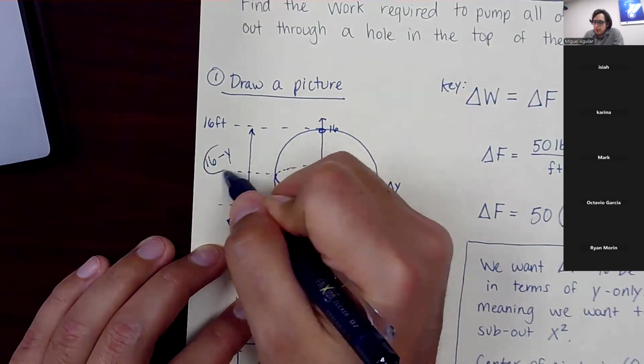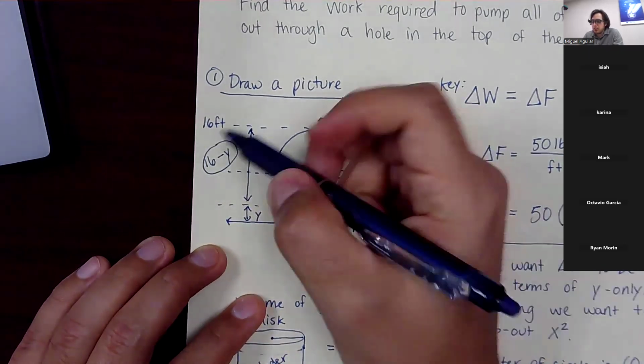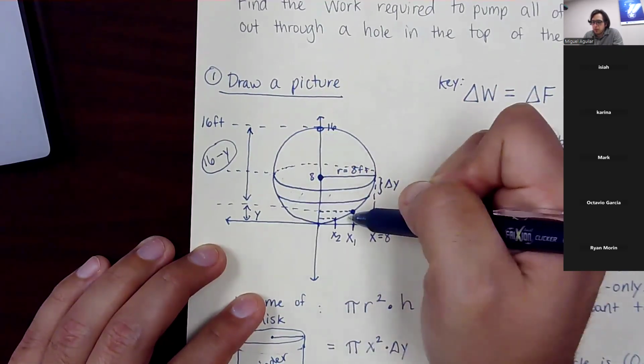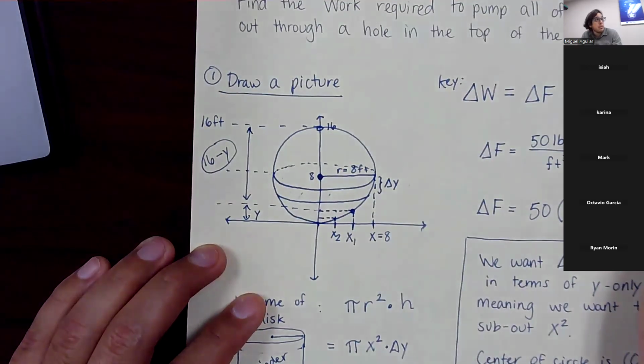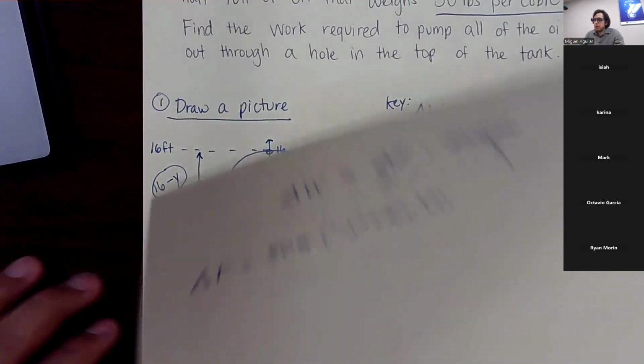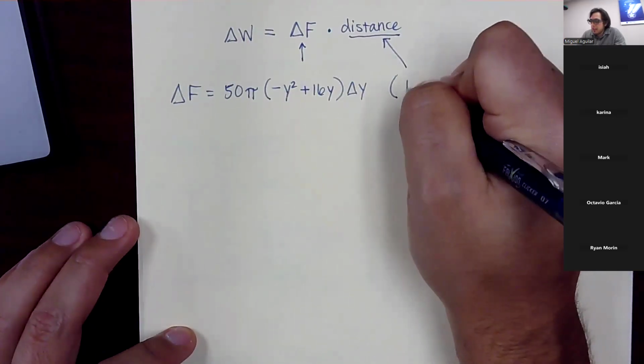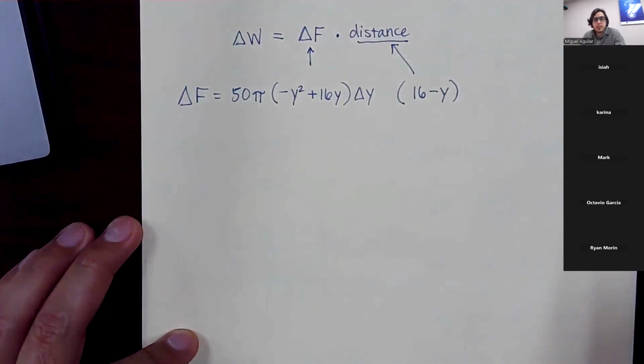So this guy is actually going to be the distance traveled by any given layer of oil, depending on which y value it's at, right? So that distance is going to be given by the 16 minus y.